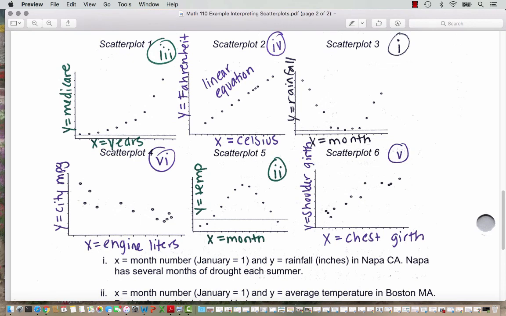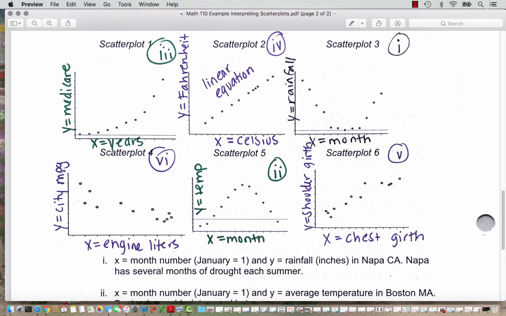Scatterplot 4 shows a decrease, and it's roughly linear. There's not really a curve there. And so because we have the decrease, we say that's a negative association. As the x values go up or increase, the y values decrease. And then Scatterplot 5, the values increase, peak at the top, and then decrease.